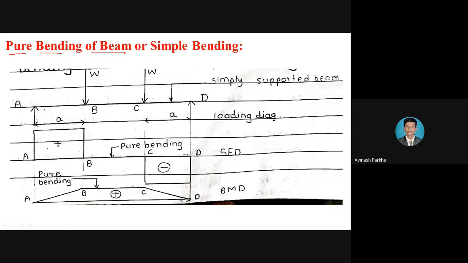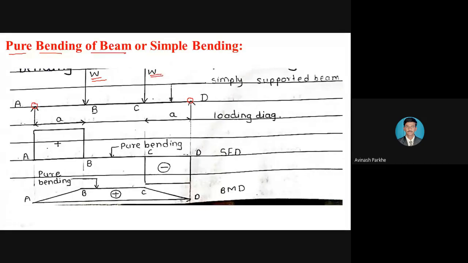You can see one simply supported beam is there. This is point A, one support of the simply supported beam, and another point D, the other support. This beam is subjected to two point loads, the first W and the second W.